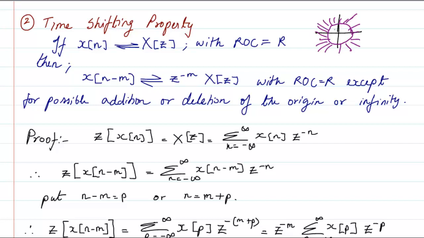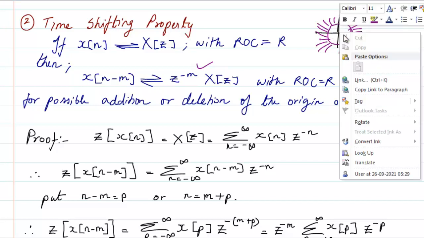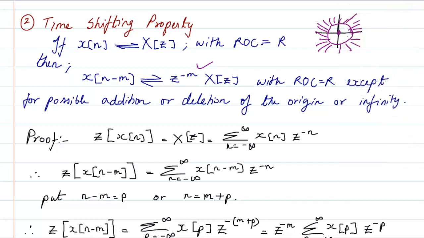Then if there is time shifting, the new ROC will be the original ROC plus either the addition of the origin, or there will be a deletion of the infinity. That means whatever is happening at infinity is deleted. So the region of convergence will not include either the infinity, or it will include the origin.